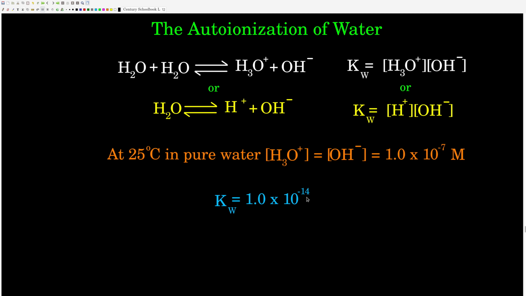Remember that number. Now, if it's at a different temperature than 25 Celsius, Kw changes, right? And we'll see that in some of the worksheets and some examples. And it's only really good to, we might stretch it to 3 sig figs, but we're going to call it 2 sig figs here. Okay.